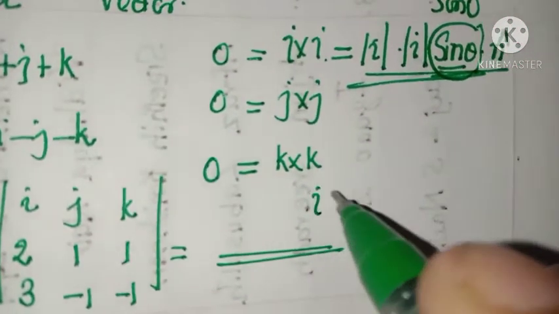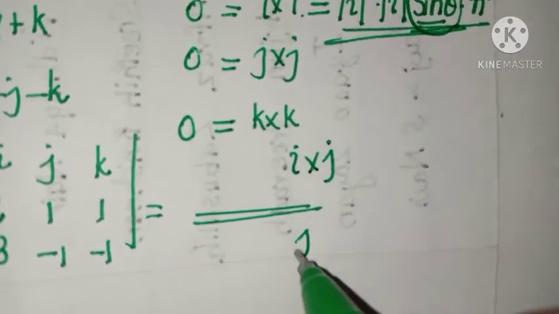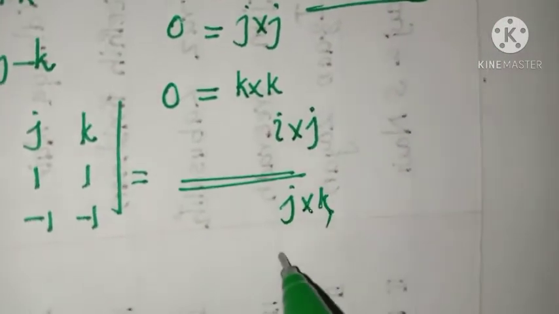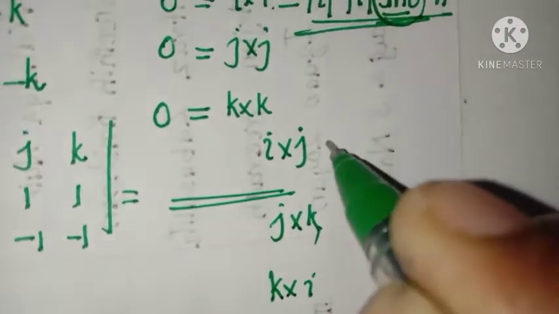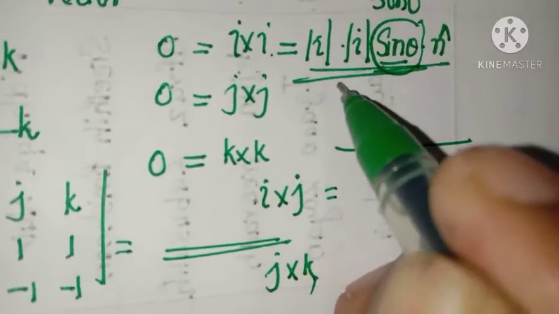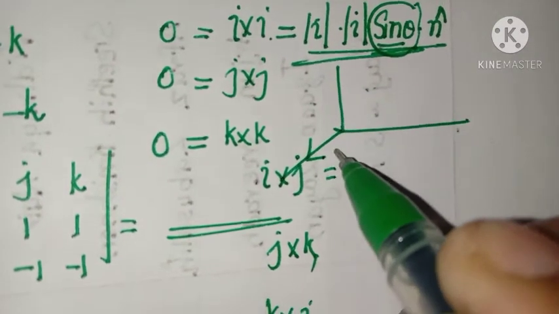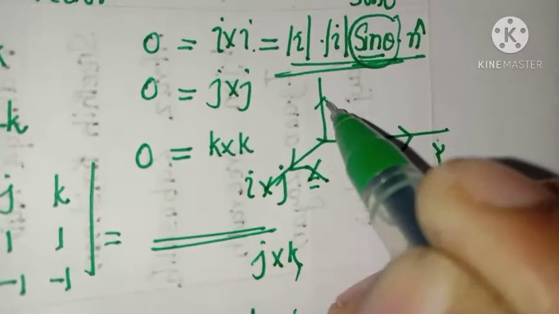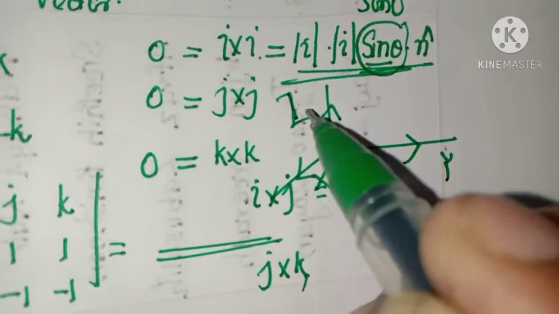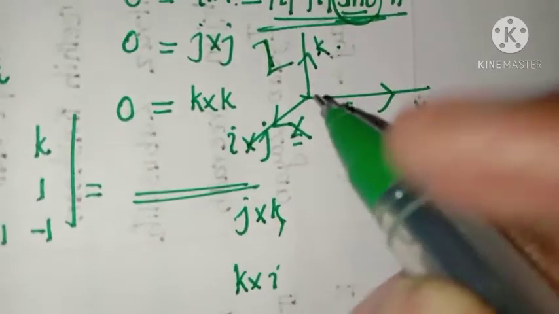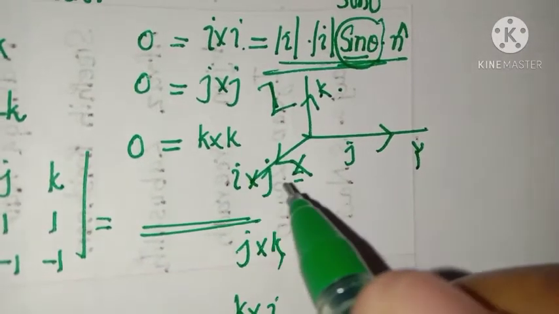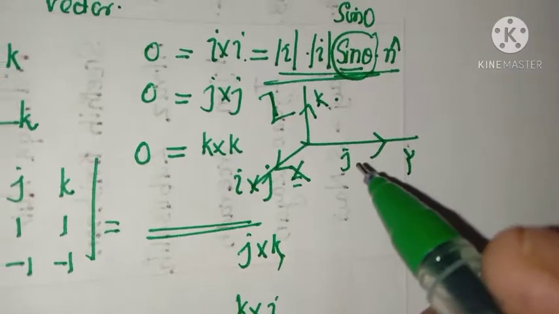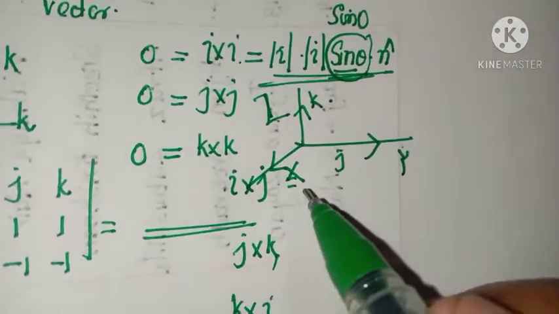At the same time, i cross j, j cross k, k cross i become, listen, i, j, k. i belongs to the x-axis, j belongs to the y-axis, k belongs to the z-axis, isn't it? When we take the cross product of these unit vectors, it is just like a rotation.